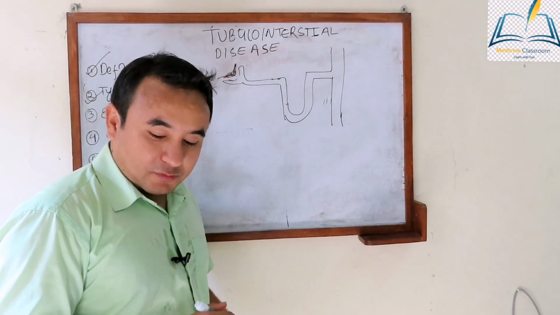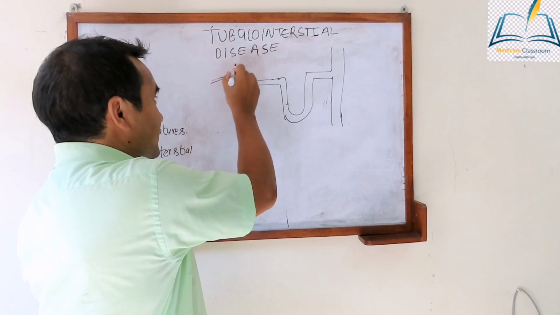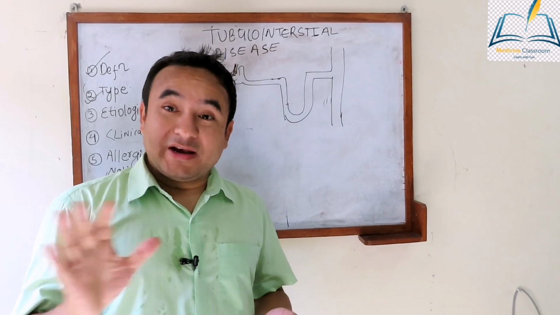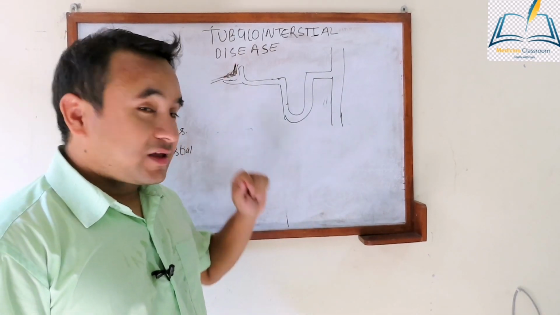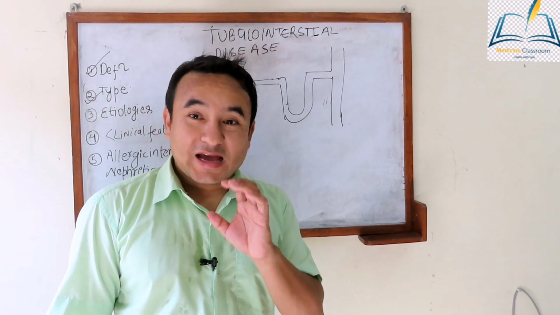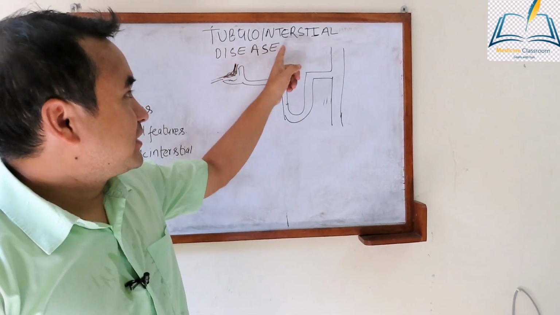So in a patient who has glomerular involvement or vessel involvement, in one stage of their disease progression, there can be tubules and interstitium involvement, but that is not tubulointerstitial disease.